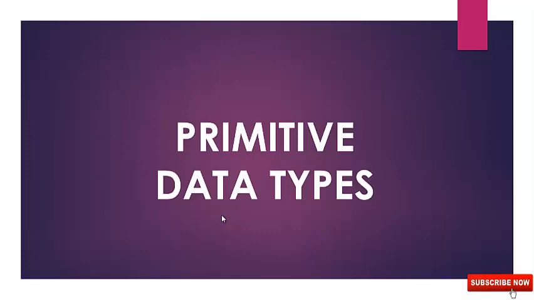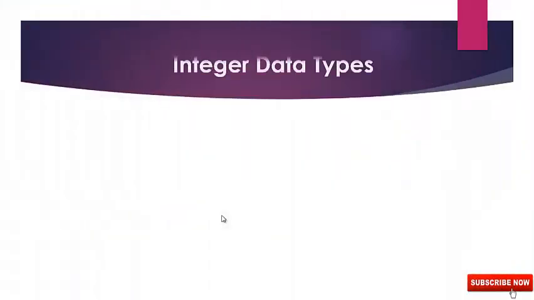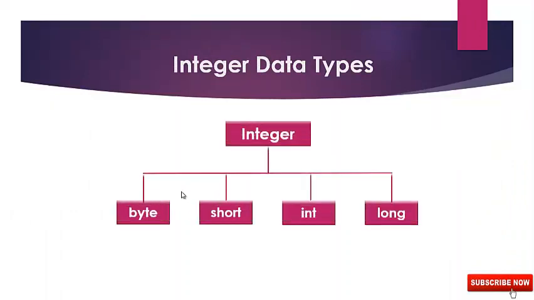When you declare a variable in Java, you must declare it with a specific type. The fundamental data types that are an integral part of the Java language are called primitive data types. Java defines 8 primitive types of data: byte, short, int, long, char, float, double and boolean.